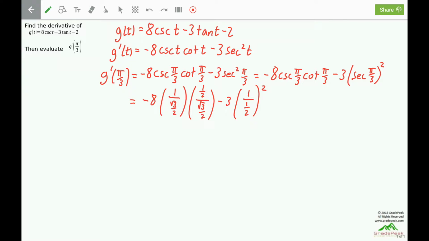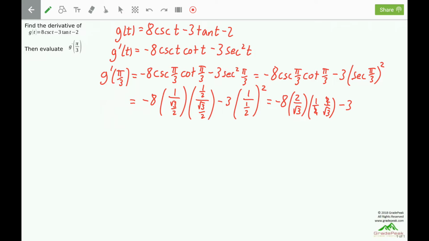The next step is to take each of those fractions that are in parentheses, reciprocate the denominators, multiply with the numerators. So we'll have negative 8 times 2 over root 3 times 1, which is just 2 over root 3, times 1/2. The 2's can cancel from the numerator and denominator.